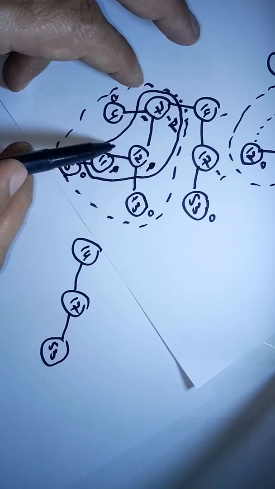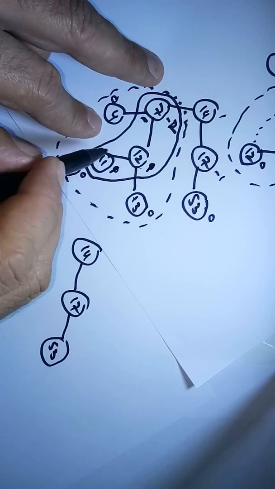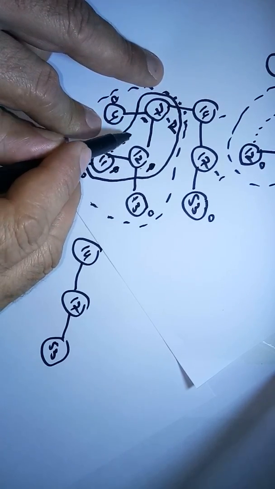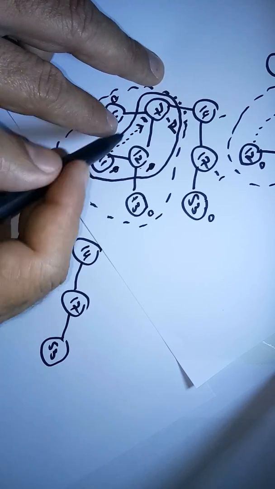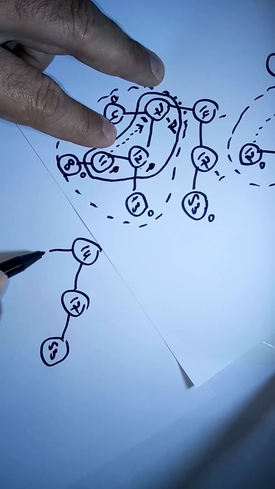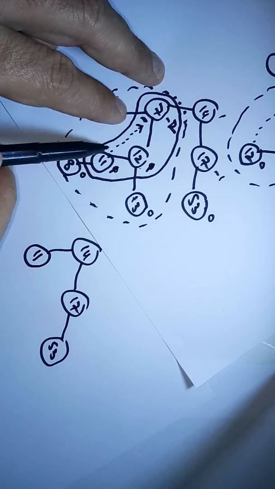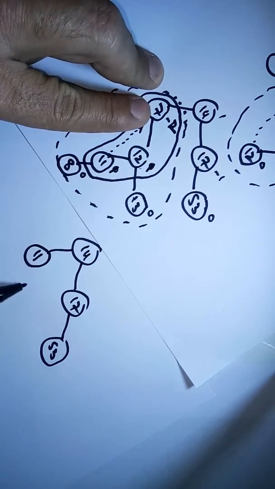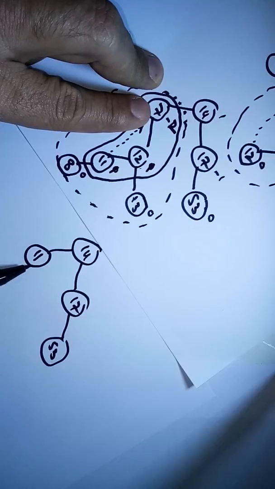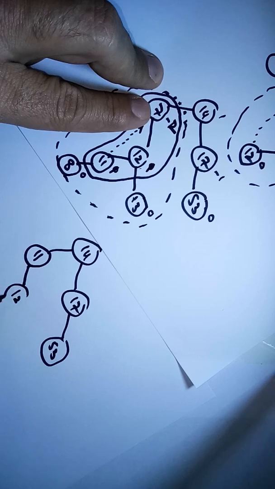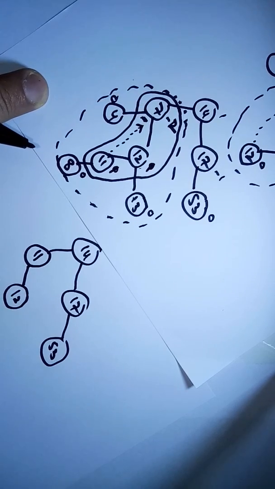If we fix this problem, this 11 will go up. 11 will become the left child of 14. The right subtree is fine, so the right is 12, that is fine.